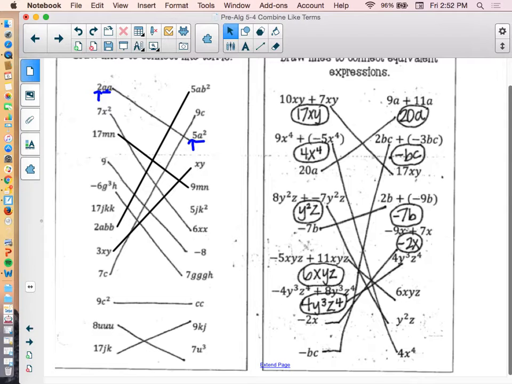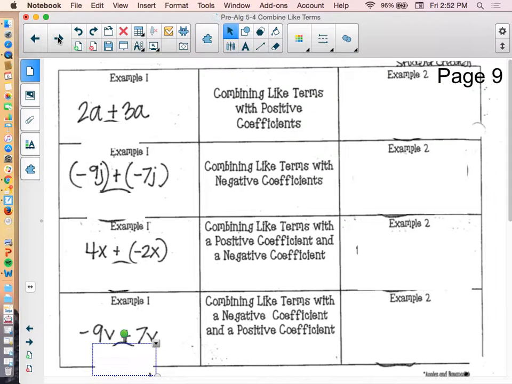All right. Moving on, could you please turn to page 9? And now we're going to look at different types of like terms. So if I have 2a plus 3a, that would be given to you in the problem. So please write this down, 2a plus 3a.